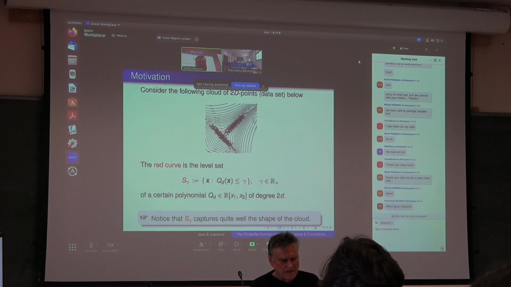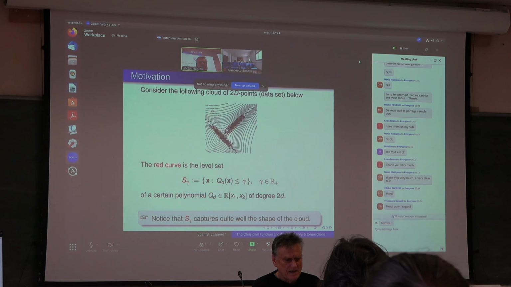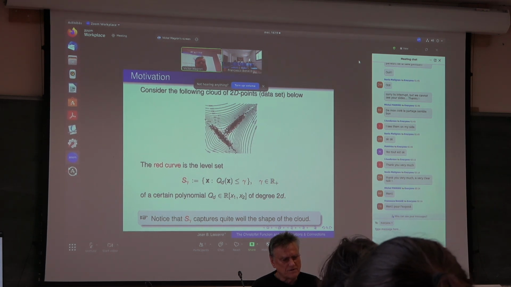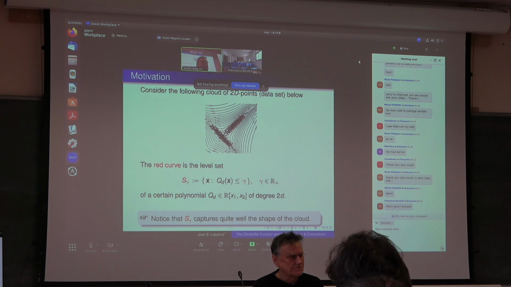Okay, and as I said, if you look at the red curve here, it's a sublevel set. I mean, the points which are inside the red curve form a level set of some polynomial, Qd of x. So we are in dimension 2 here, and there is a polynomial Qd of x in two variables x1, x2 of degree d.